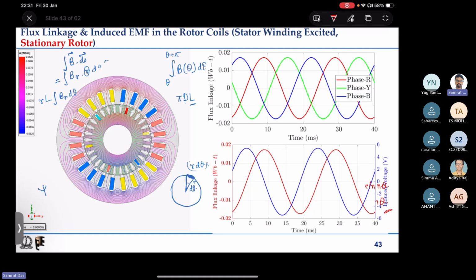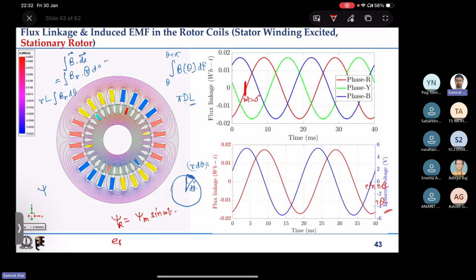Why? Because you have psi equal to psi maximum into sine omega t. These are all sinusoids, so they can be safely represented by sine omega t. If we take this as the 0 degree, omega t equal to 0, then the r phase flux linkage can be represented like this.